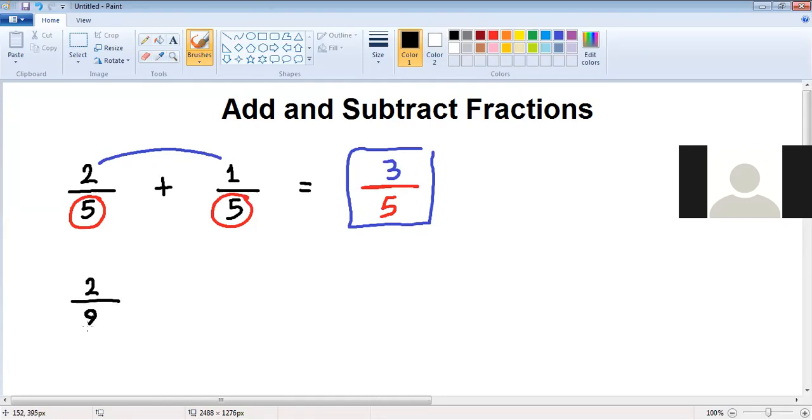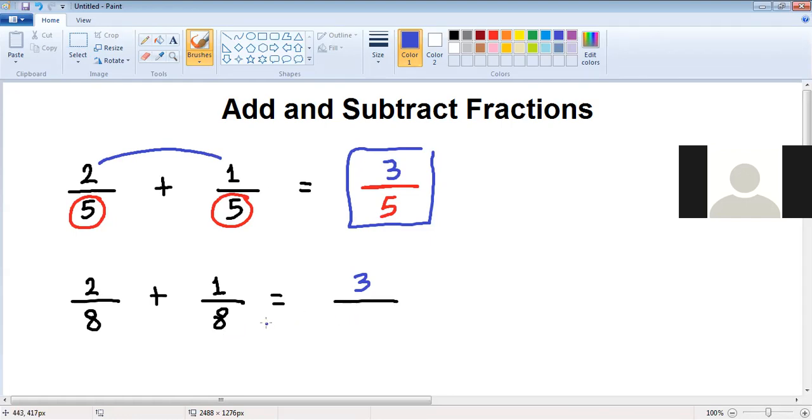Yeah. 2 over 8 plus 1 over 8. How can you do that? 2 plus 1. It's 3. Then? And what about the denominator? 8.